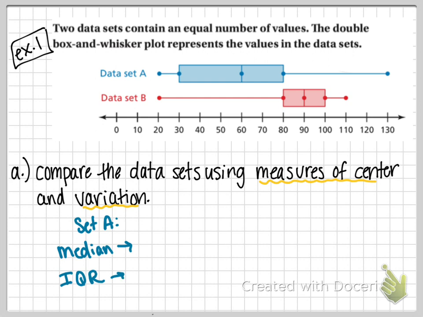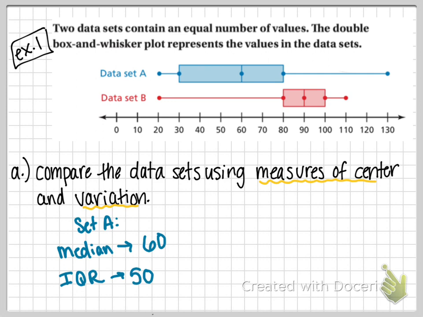We can see the median and the IQR just by looking at the box and whisker plot. The median is always this middle line. So the median of data set A is at 60. And then the interquartile range, we can take our Q3, which is here, 80, and our Q1, which is here at 30. And we subtract 80 minus 30. The interquartile range for set A is 50.